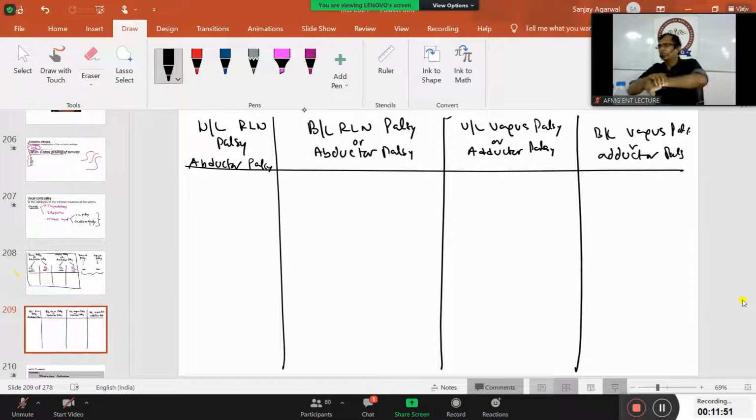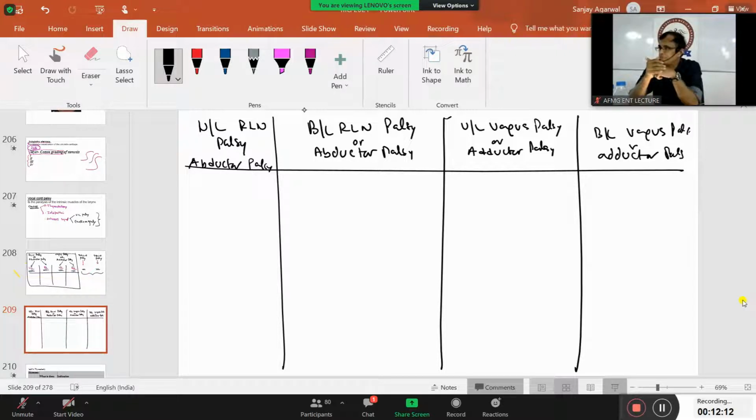Like I said, first these four and then those two also. This slide is going to be a very important slide for you. Now, for each of them, only three points. A, what is the position of the vocal cord in each of them? Position of the vocal cord is one point for each of them.